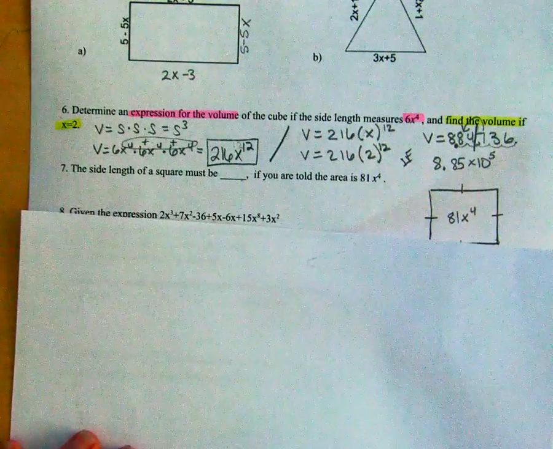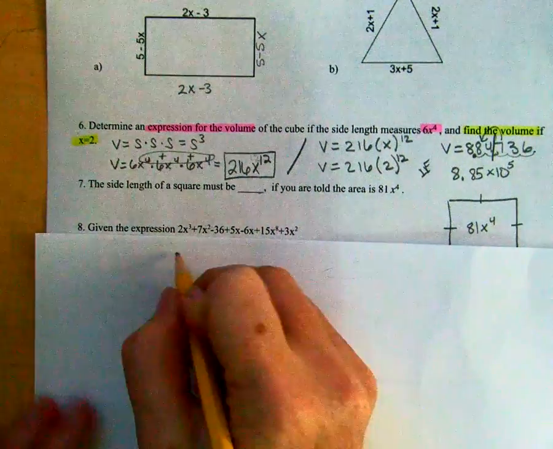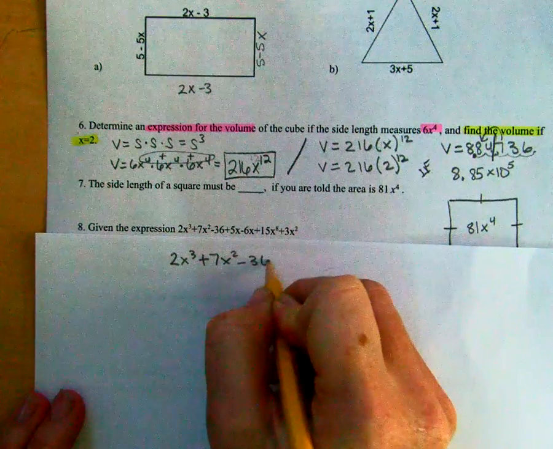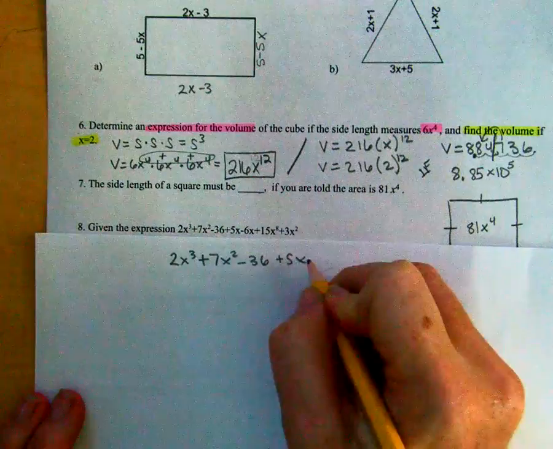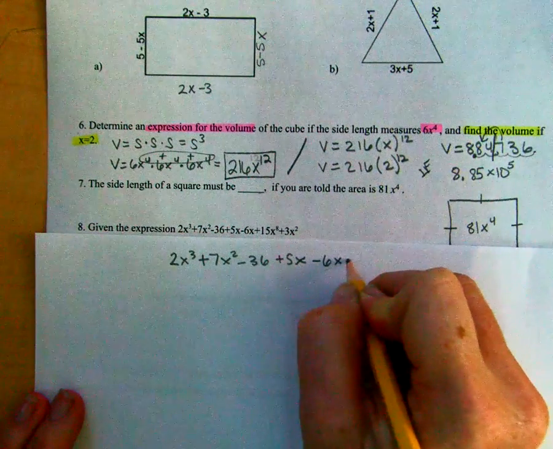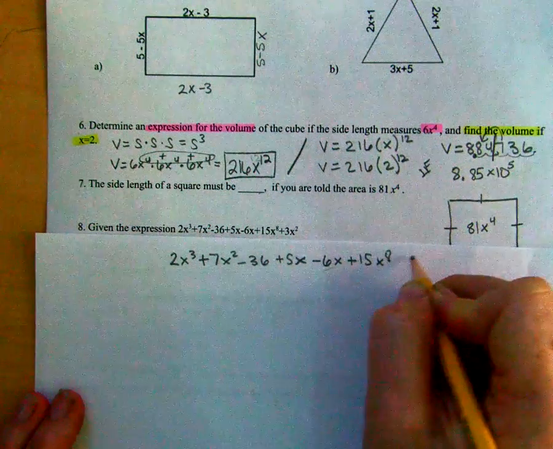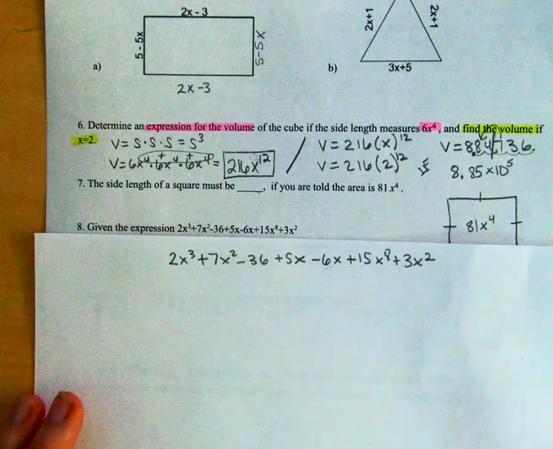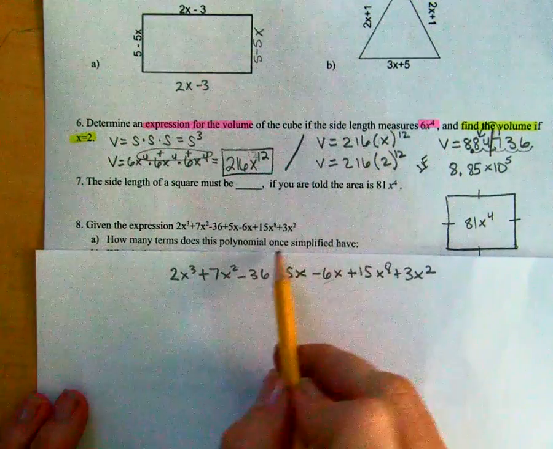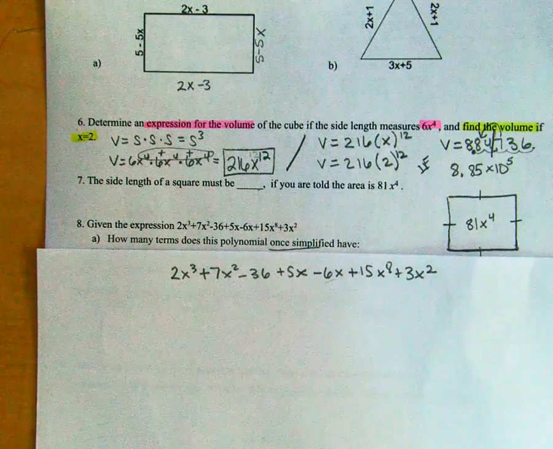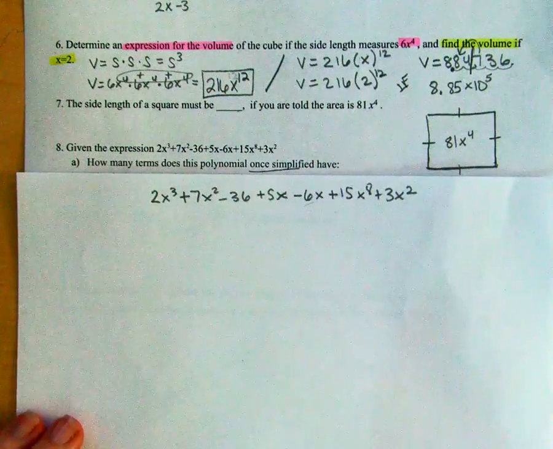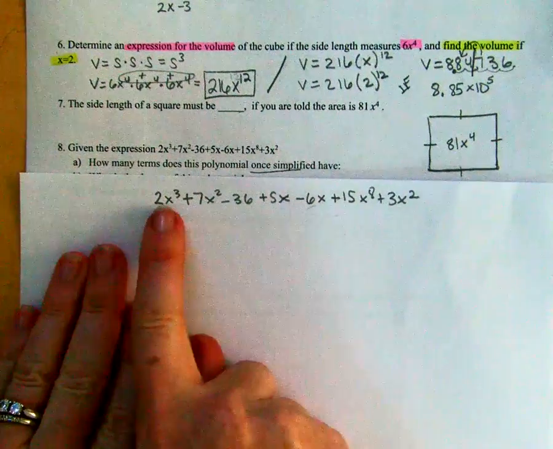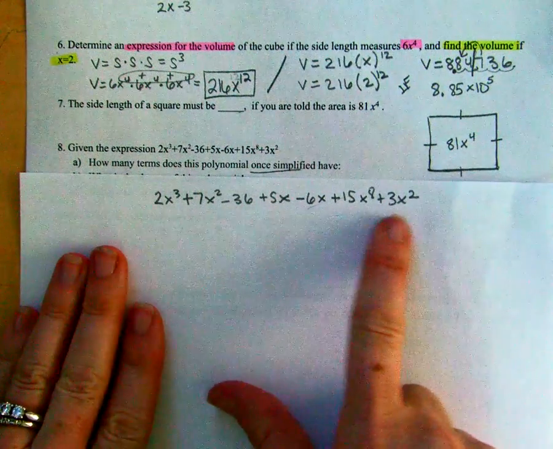So I'm looking first at 2x to the 3rd plus 7x to the 2nd minus 36 plus 5x minus 6x plus 15x to the 8th plus 3x squared. So it says how many terms once simplified. Okay, so if I just find out how many terms there are now, that would be 1, 2, 3, 4, 5, 6, 7 terms.